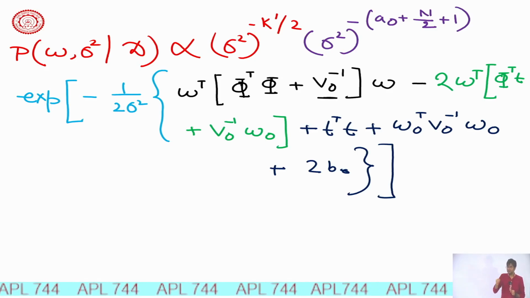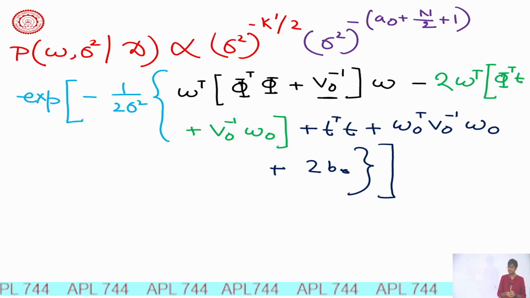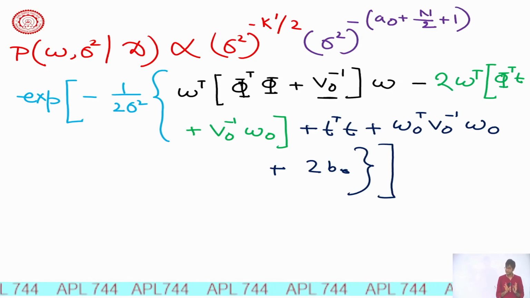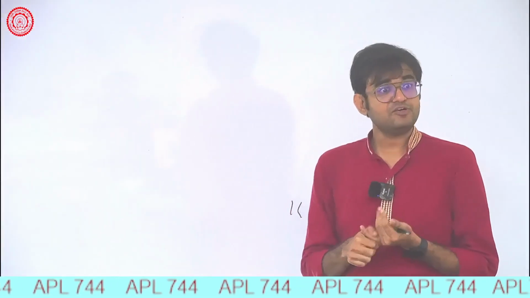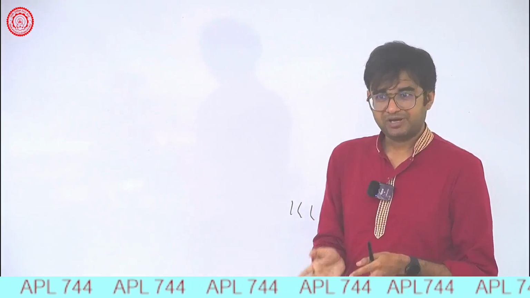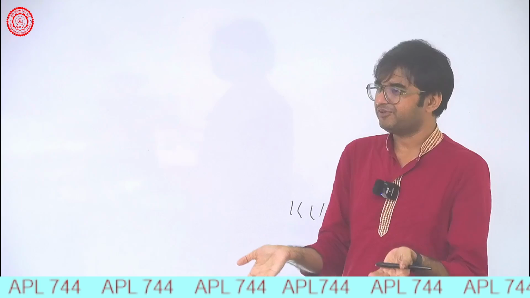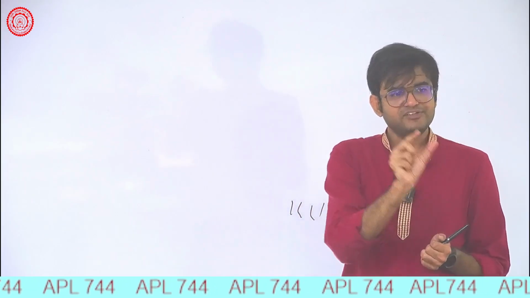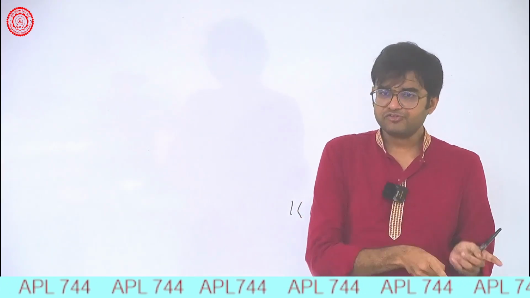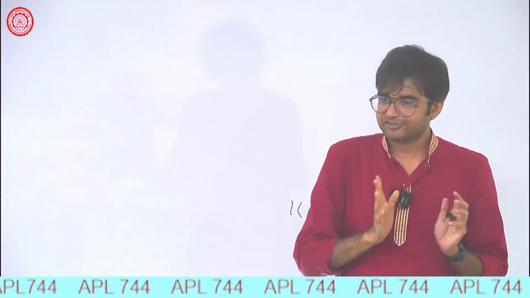So whatever W term is there should be in the Gaussian component. Clear? I am repeating. Since I am using a conjugate prior, my prior and posterior should follow the same distribution. So if my prior is Gauss inverse gamma, my posterior should also be Gauss inverse gamma. And not only that, the inverse gamma should be over sigma square only, whereas the Gauss component is over the weights. So all the W terms would come under the Gaussian component.